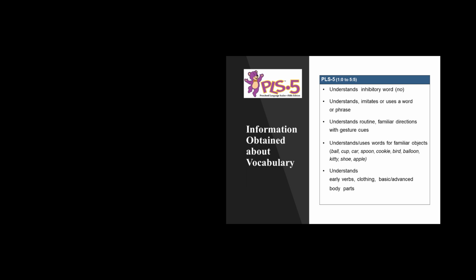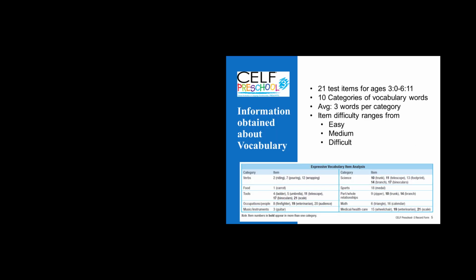So these are examples of the kind of information you get about vocabulary on PLS. So you can see that it's early developing vocabulary versus CELF Preschool, that after age 3, items go all the way up to age 6, and it's more difficult vocabulary.